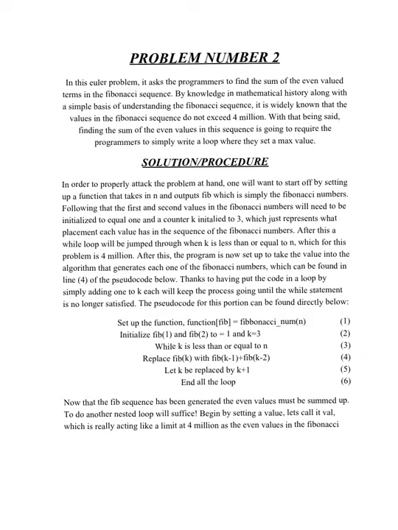We'll consider what the algorithm is for the Fibonacci numbers. Let's say we were talking about the first and the second numbers in the Fibonacci sequence. We would take the first number, add it to the second number, and that would spit out the third number. What does that really mean?